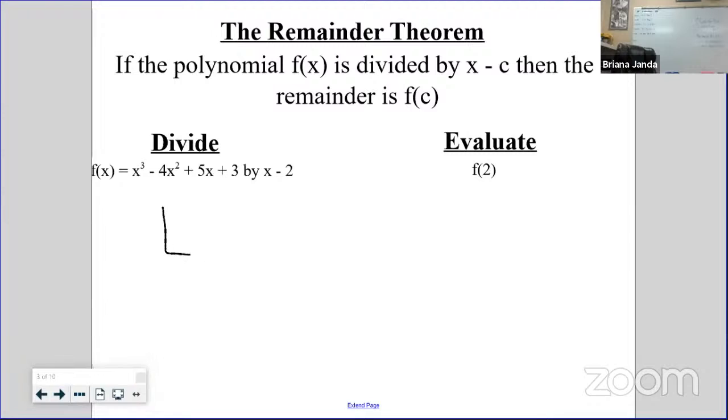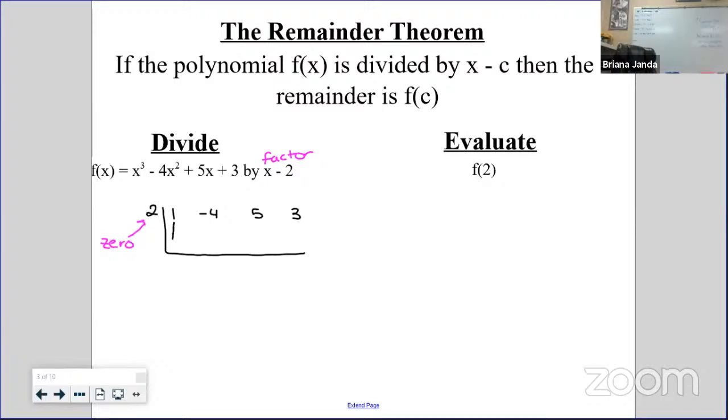So if we do that, I would set up my coefficients, 1, -4, 5, 3. And then what number goes on the outside here? 2, right? That is like a 0. So remember, this is called a factor when it has that x minus 2. And when we look at it in this format, it's a 0 of our function, right? Because we would have set it equal to 0 and solved.